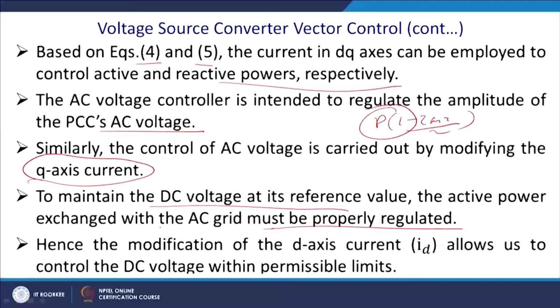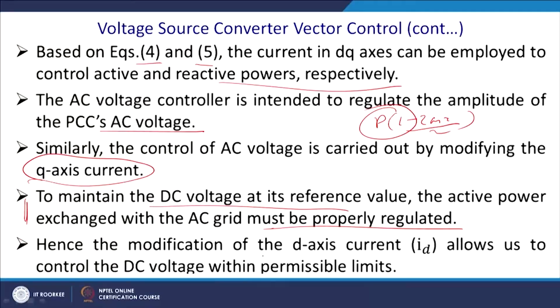You have the least power. So, average power may be something, but you are varying this power, and for this reason the exchange of this power is required to be properly regulated, so that the ripple in the DC will be low. That is a very important aspect of microgrid control.